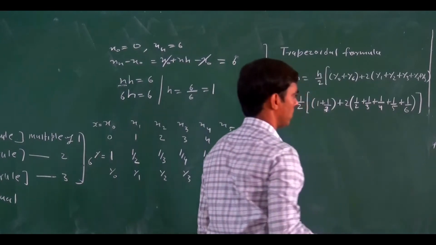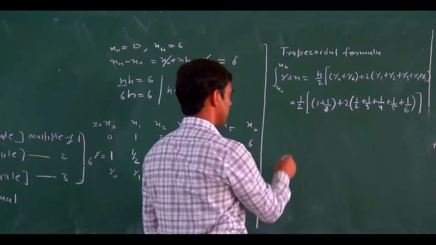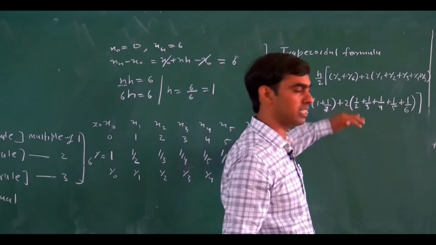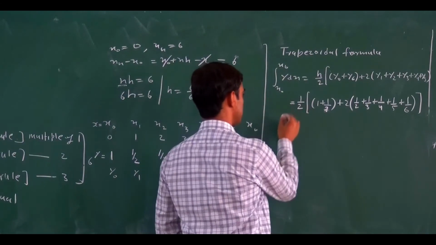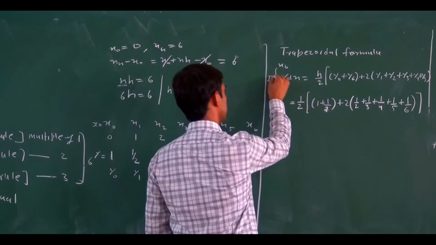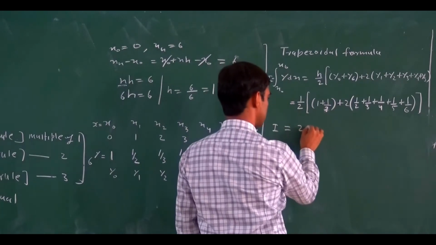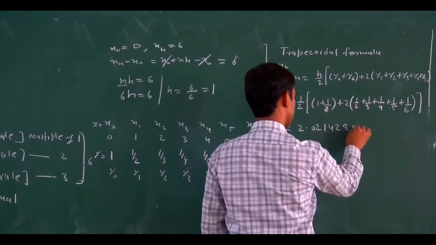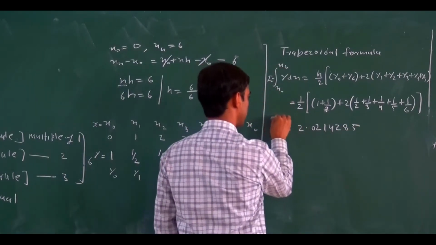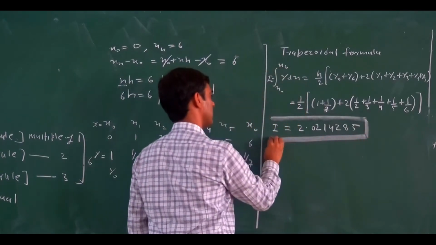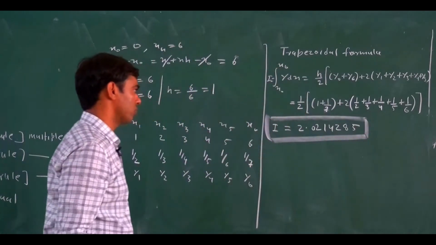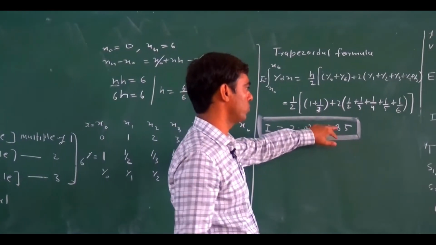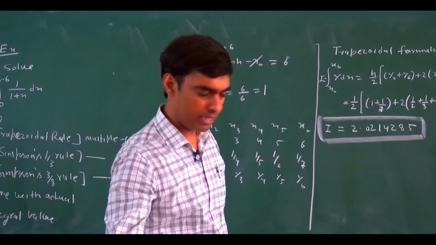If we simplify this, the value of the integration becomes 2.0214285. This is the result by the trapezoidal rule.